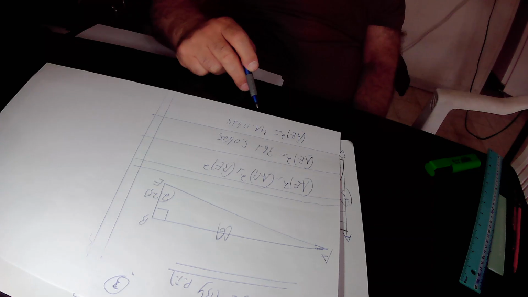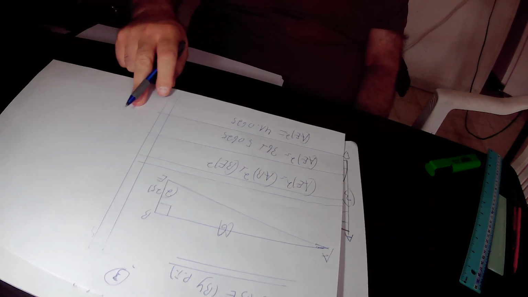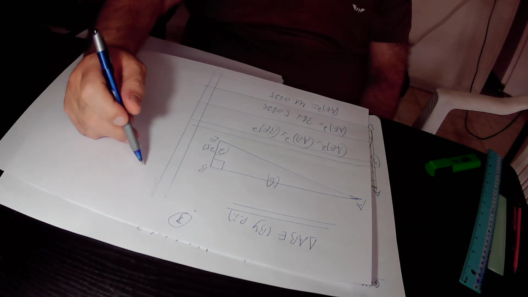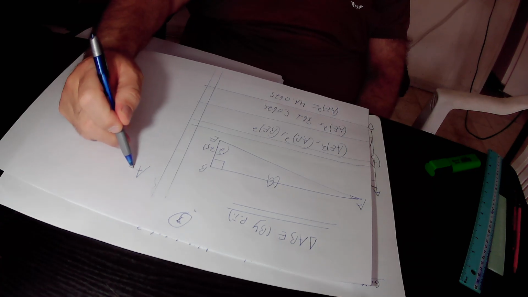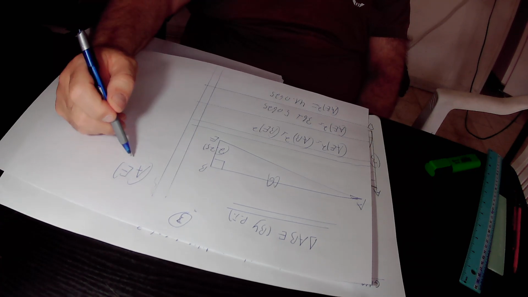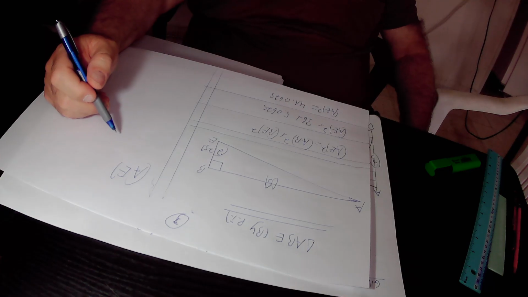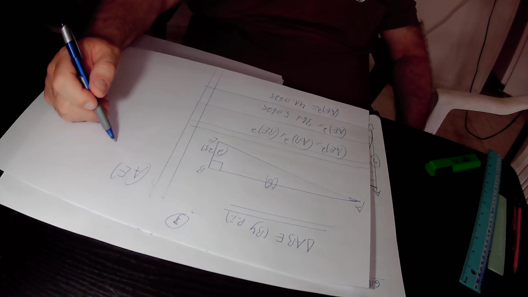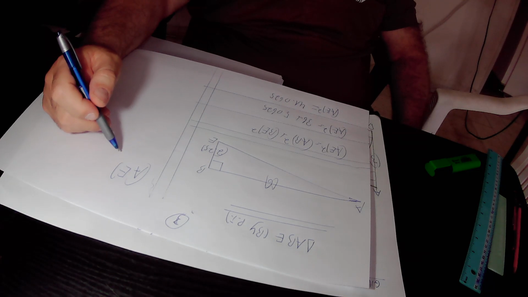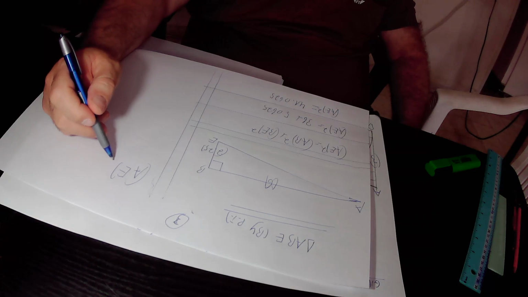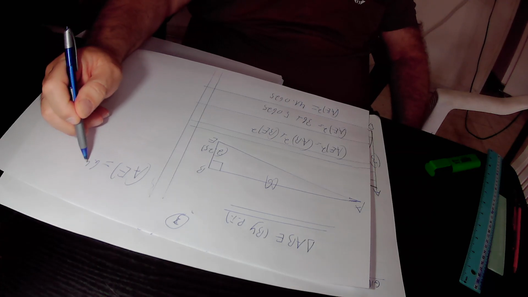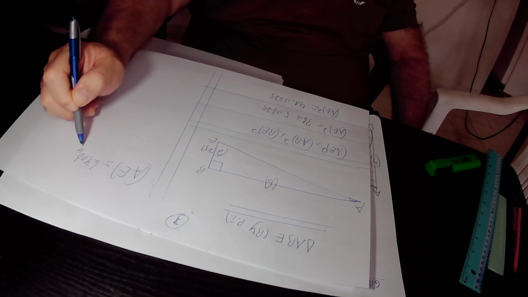So we found out that AE squared equals 41.0625. Here we take the root of this equation, and finally we get that the missing line segment AE, the line segment that we are looking for in this question, equals the square root of 41.0625, and the square root of 41.0625 equals 6.408 units.